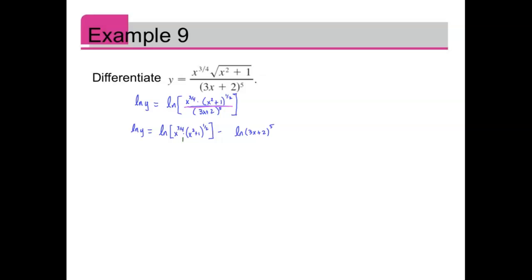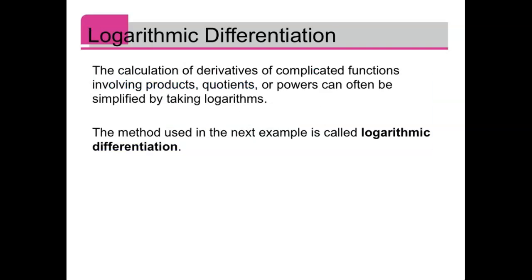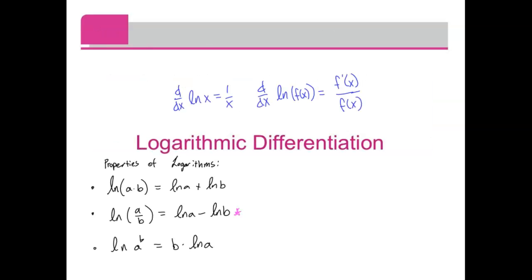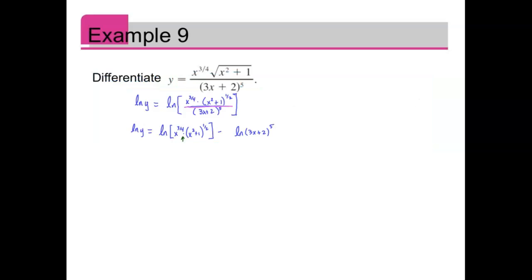So here, right, we have a product, and we had that property that said we could rewrite a product as a sum of logarithms. So that's exactly what I'm going to do. So natural log y equals natural log x to the 3/4 plus natural log x squared plus 1 to the 1/2 minus natural log 3x plus 2 to the 5th.